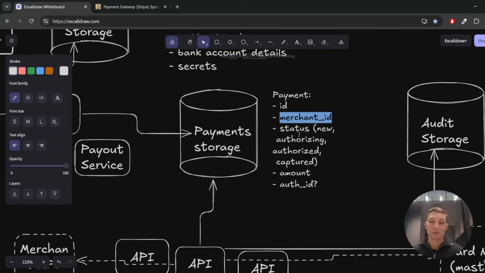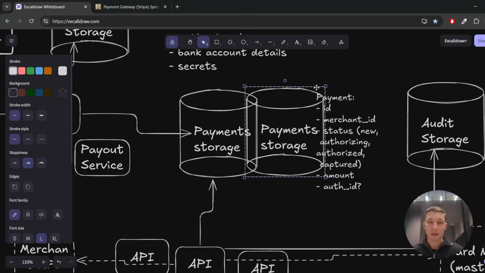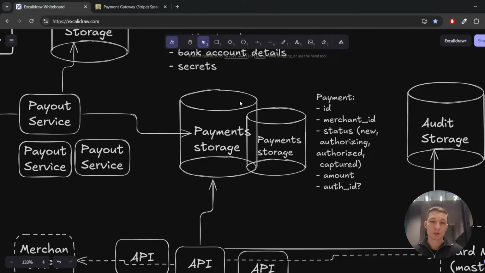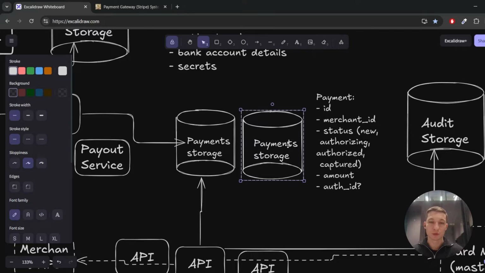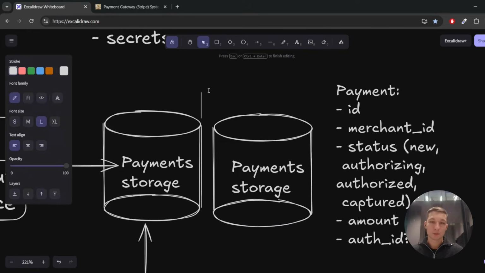Because we might have very big merchants that are going to be hotspots on our database, on our shards. So for that reason, we are going to shard it based on the payment ID. And this way, we're going to have a really even distribution, and we are not afraid of any spikes due to Black Friday or something like that. The problem here, let me actually outline it.